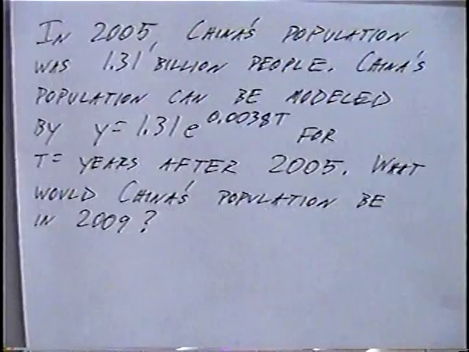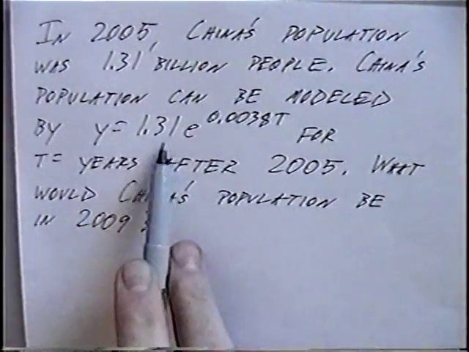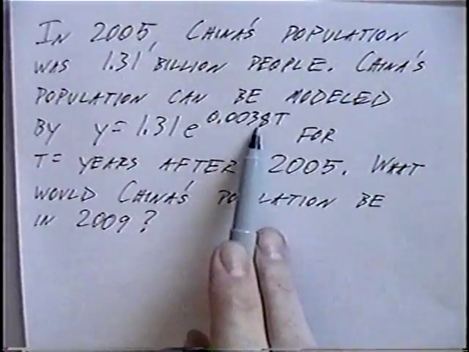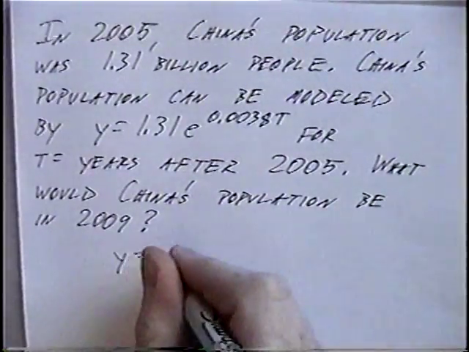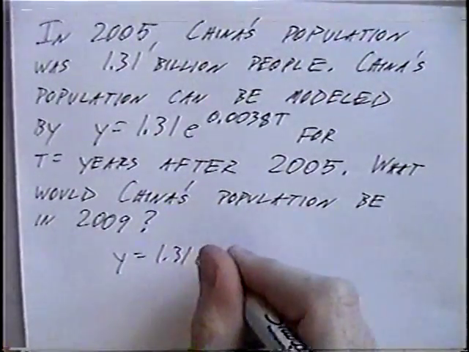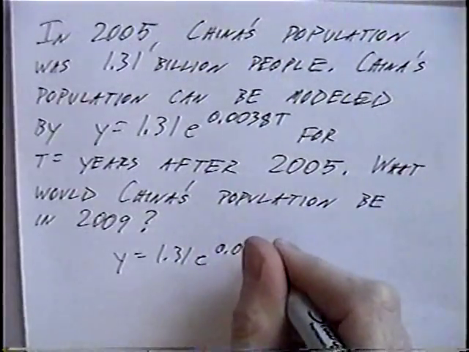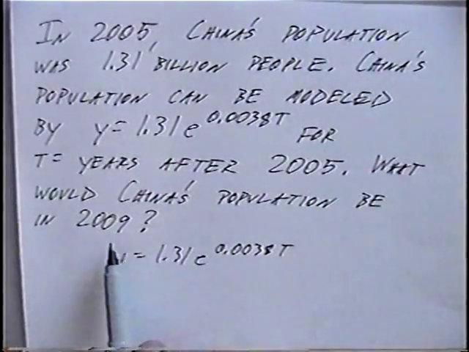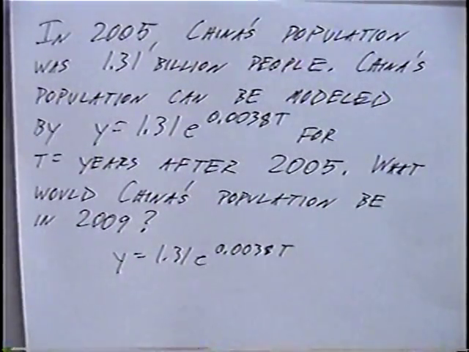For this question, we're given the equation y equals 1.31 e to the 0.0038t. And we want to find out the population in 2009.